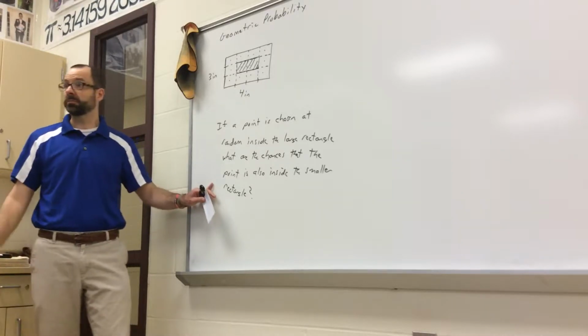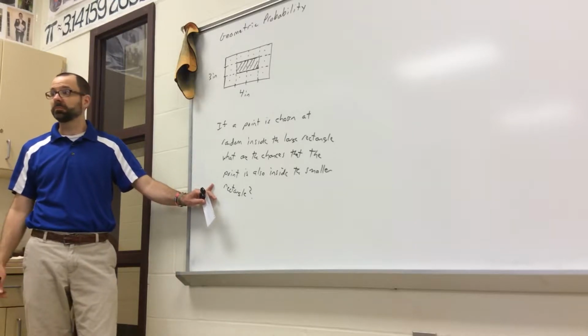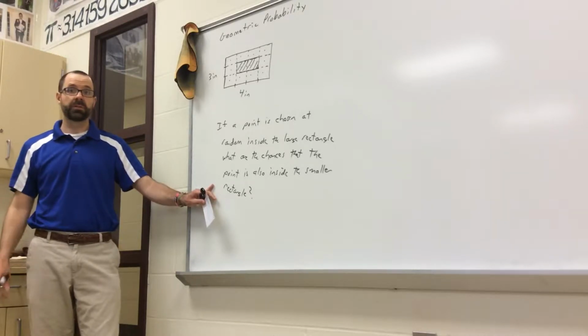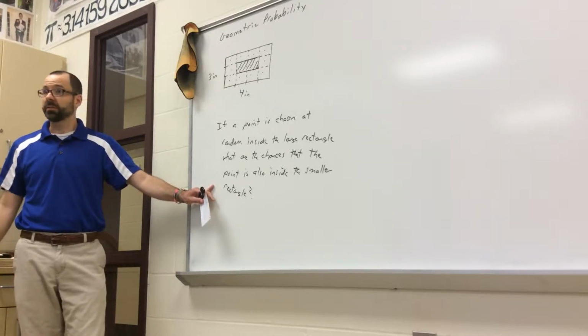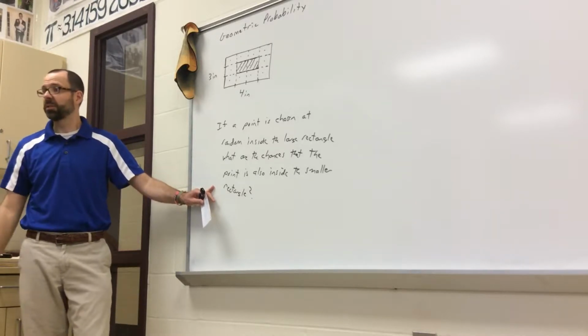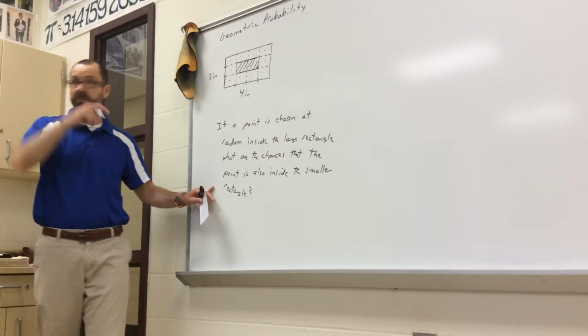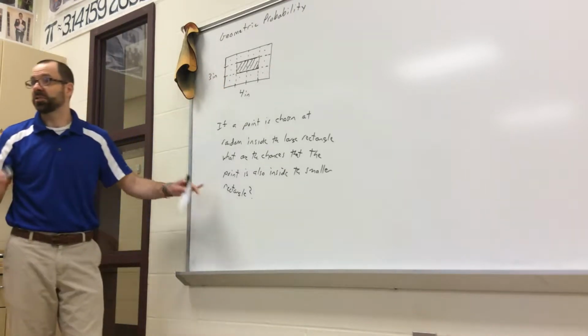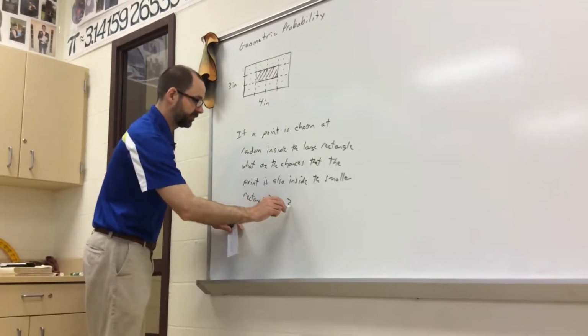So what do you think? Yeah. 2 out of 12, right? Because there's 12 squares that could be hit overall, and there's 2 squares inside the target, so the chances is 2 out of 12.